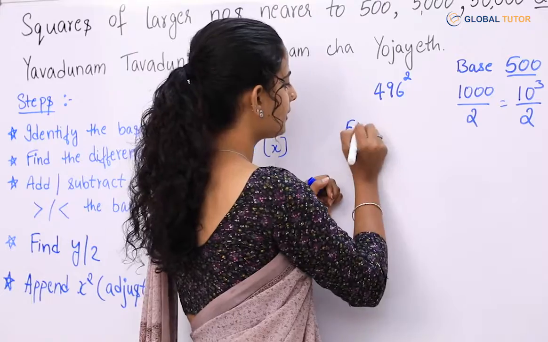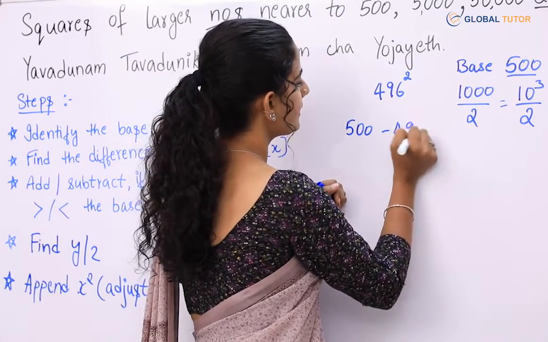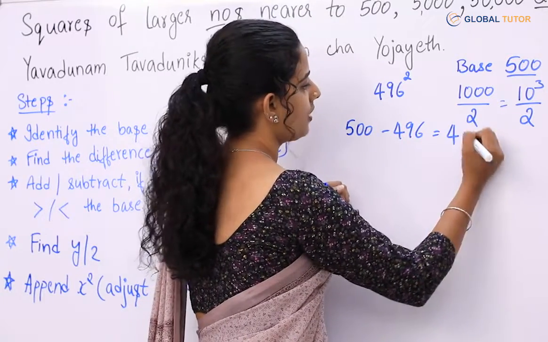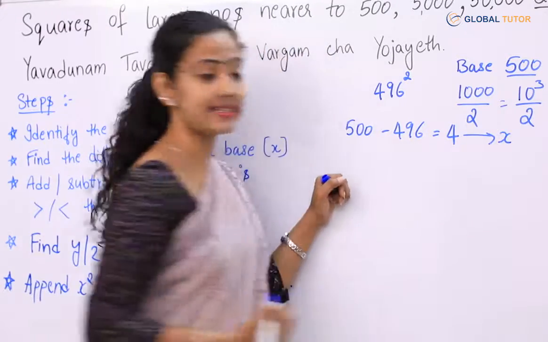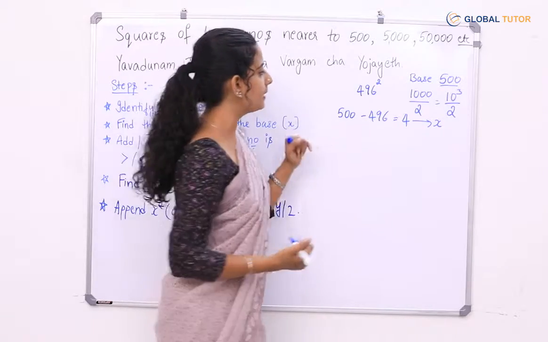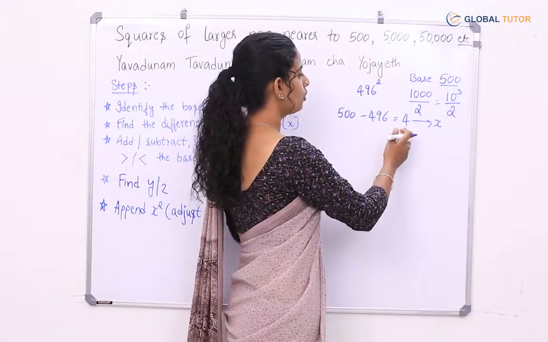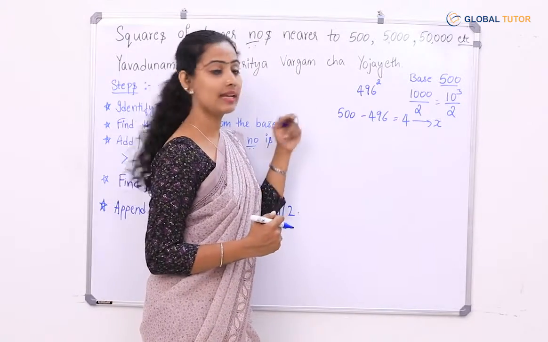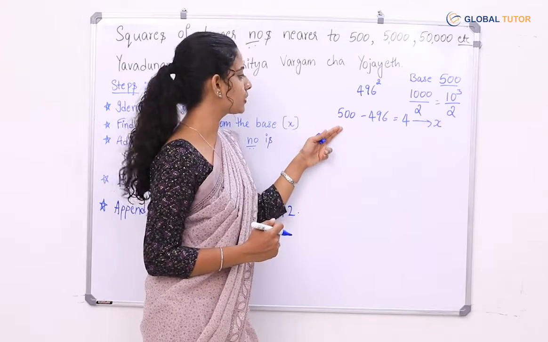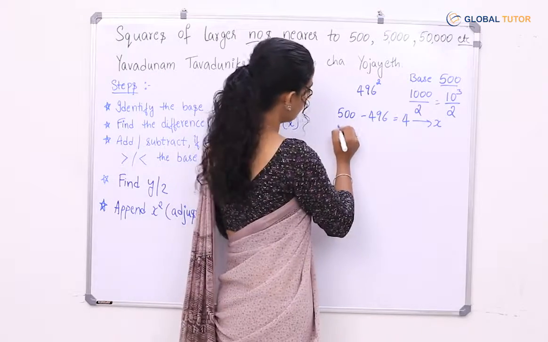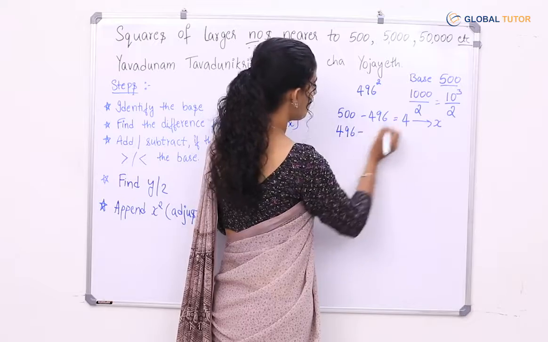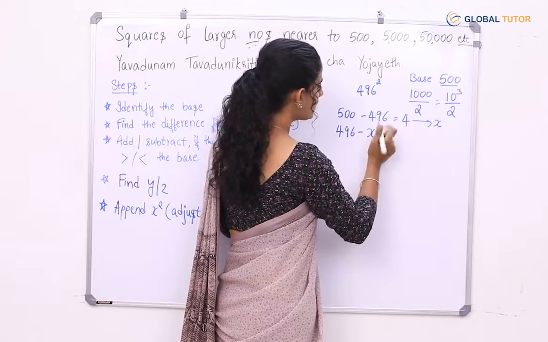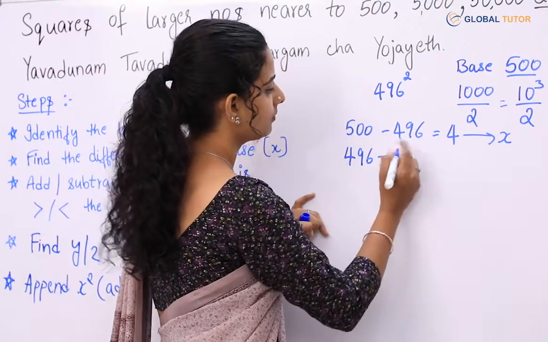It will be 500 minus 496, which is 4, and let's call this x. Now the next step is to subtract 4 from the given number. Why? Because the given number is lesser than our base, which is 500. So it will be 496 minus x, which is 4.